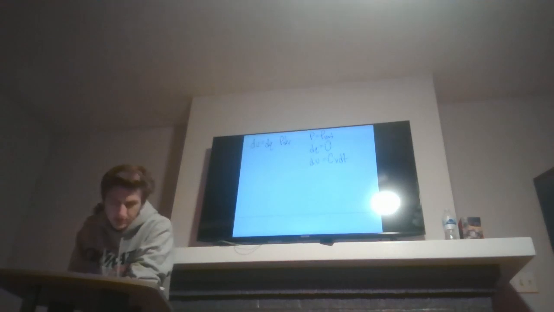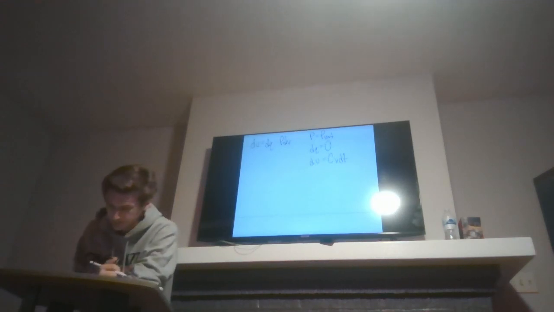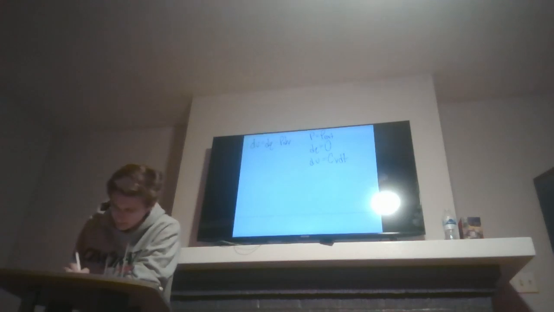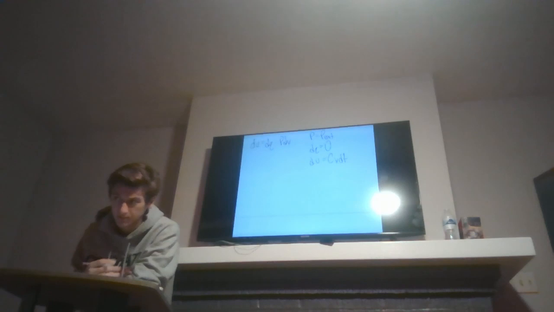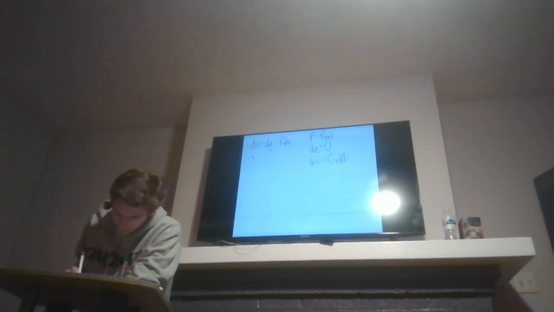Now we'll do a little simplification. So dU equals negative P dV, and Cv dT equals negative RT over V dV.